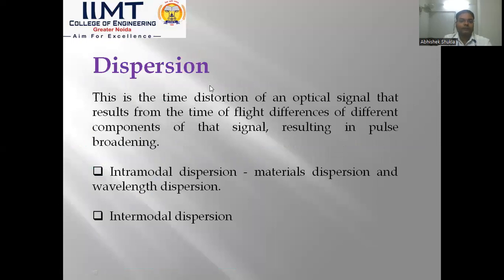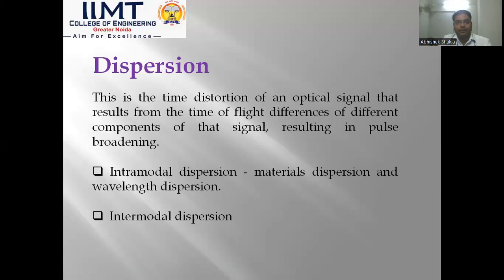Another one is dispersion. For dispersion and attenuation, we can categorize both in the loss condition. Dispersion means at the receiving end, there is a delay between the different rays, a time interval.